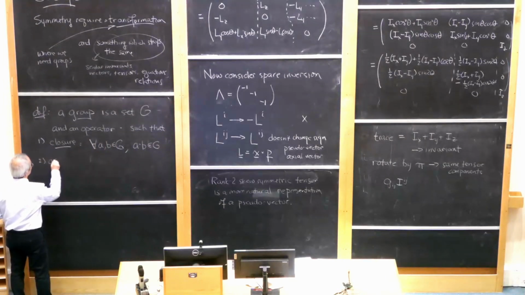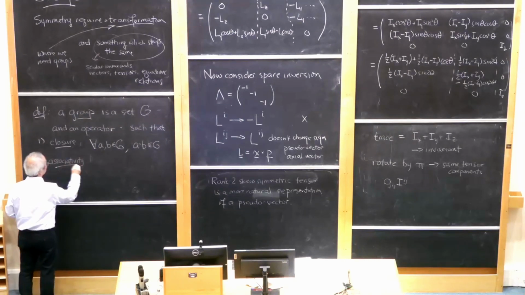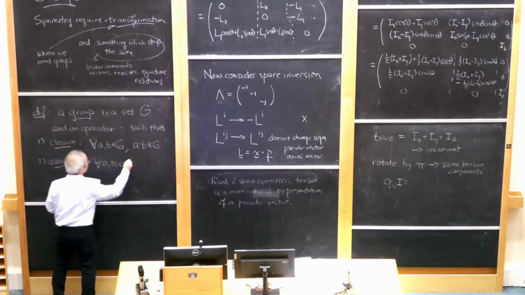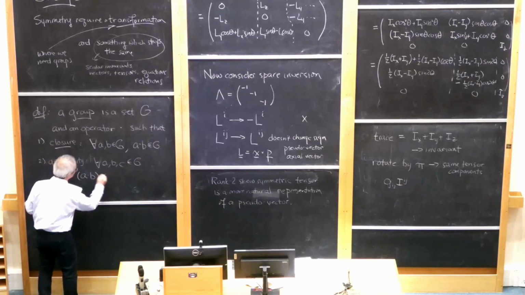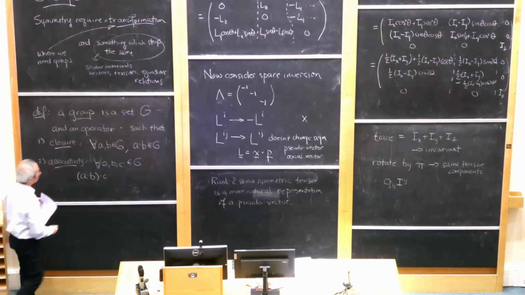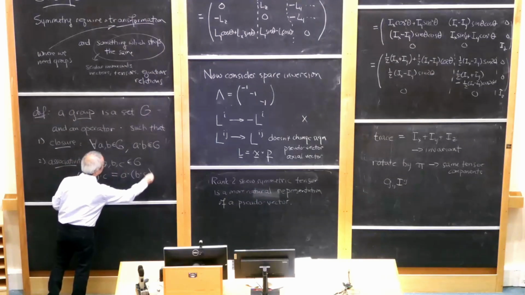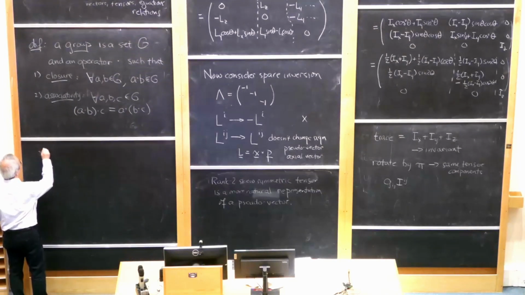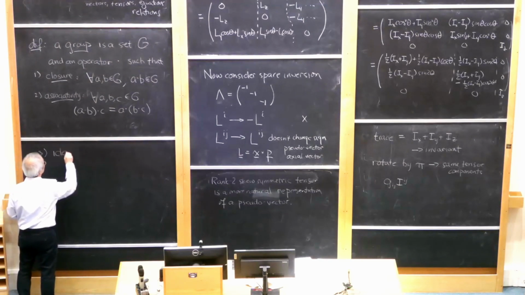Two, you also have the associative property, associativity. That is for all A, B, and C elements of G, you have A dot B, doing that first, followed by the operation with C, that's going to equal A dot B dot C. Third property, this is the existence of the identity element.